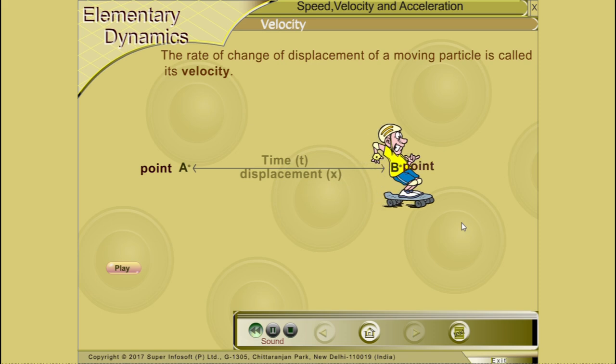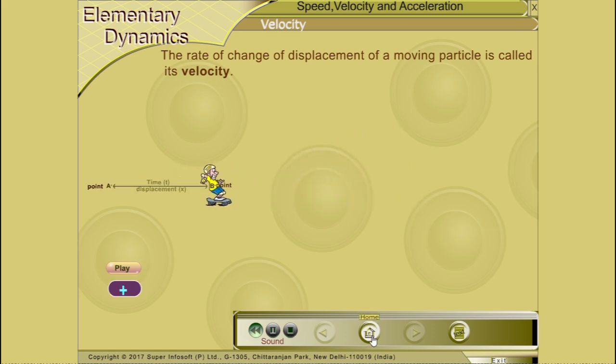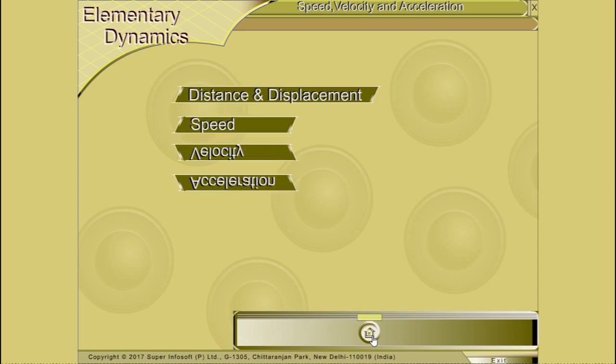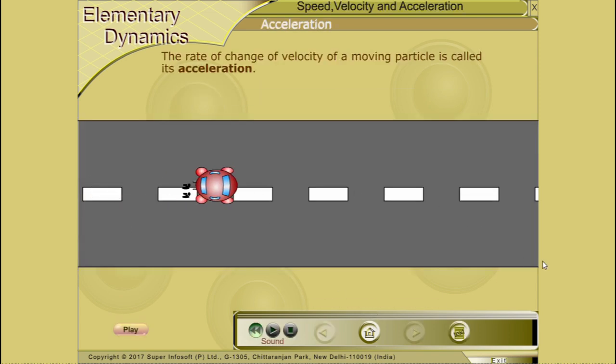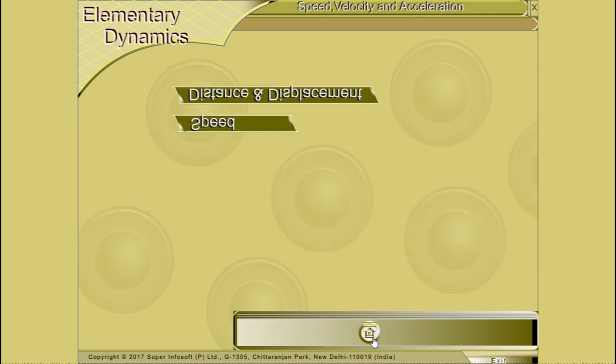Velocity. Since displacement is a vector quantity, so the velocity is too. Acceleration. Since the velocity is a vector quantity, acceleration is too.